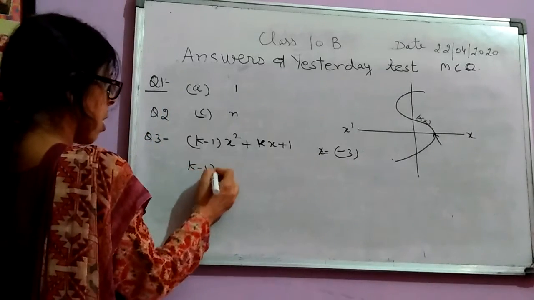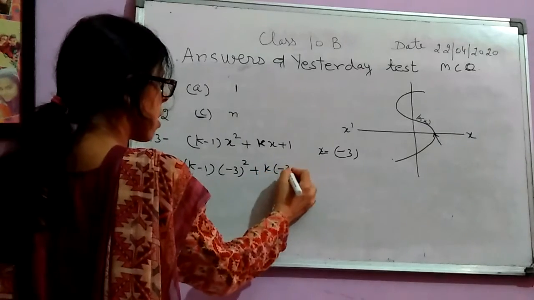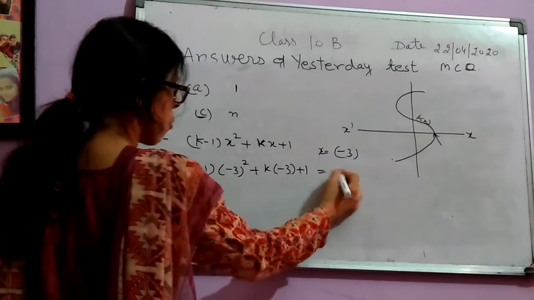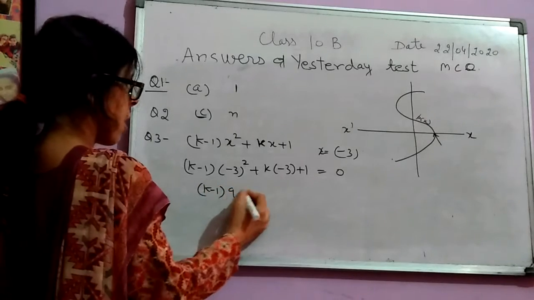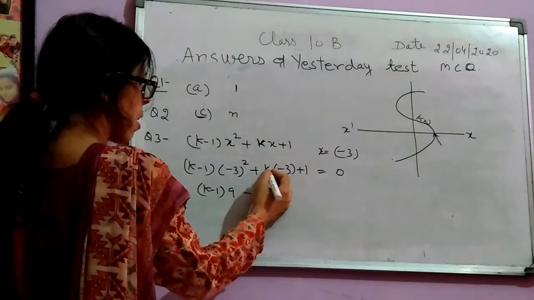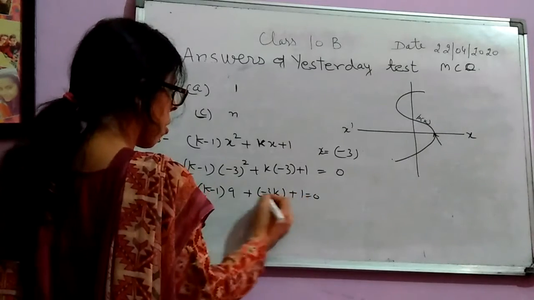(k minus 1), x is -3; k, x is -3, plus 1, and the answer is 0. Now solve this. (k minus 1), minus 3 square is 9; minus 3 into k is minus 3k, plus 1 equals 0.